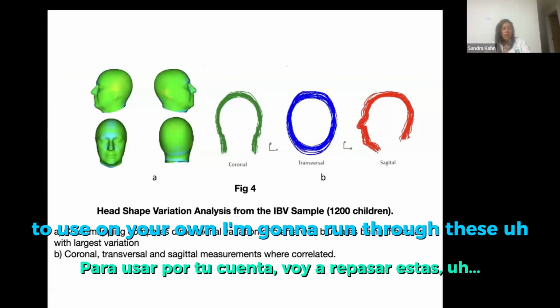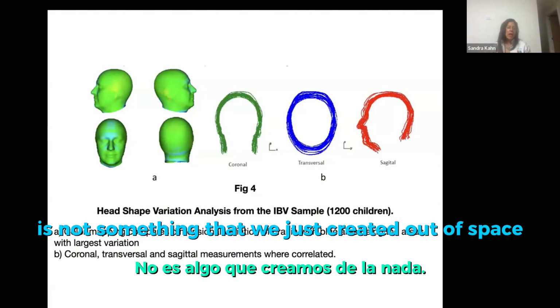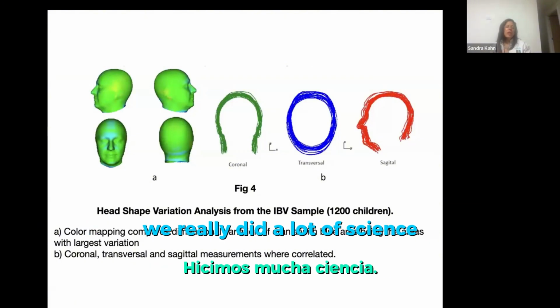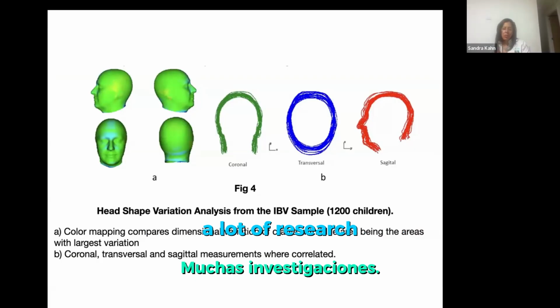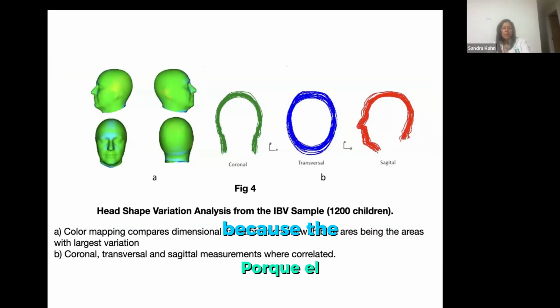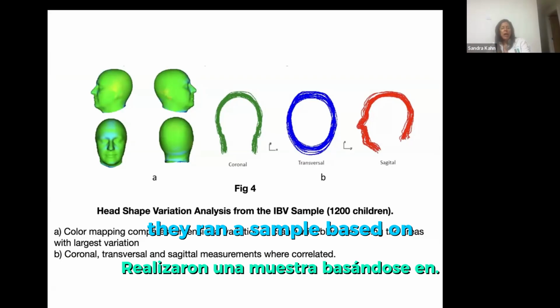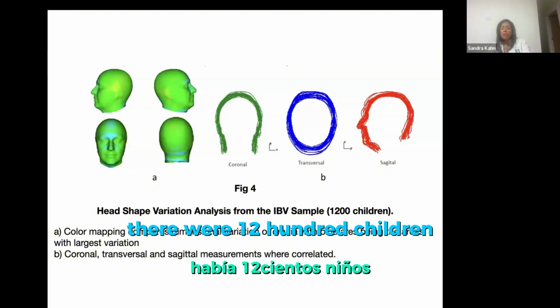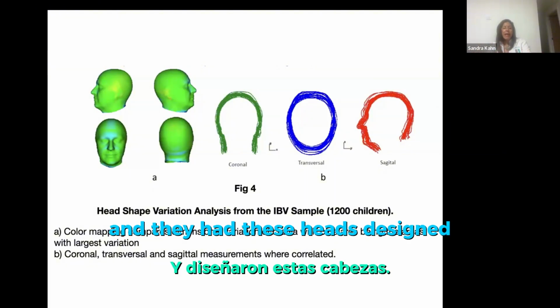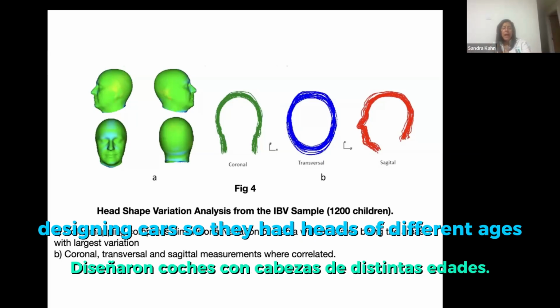I'm going to run through these figures very quickly because the bow is not something that we just created out of space. We really did a lot of science, a lot of research, and it took us 2 years to get it into the market because the Instituto de Biomecánica de Valencia ran a sample based on 1,200 children, and they had these heads designed, and these heads were used in Germany for designing cars.